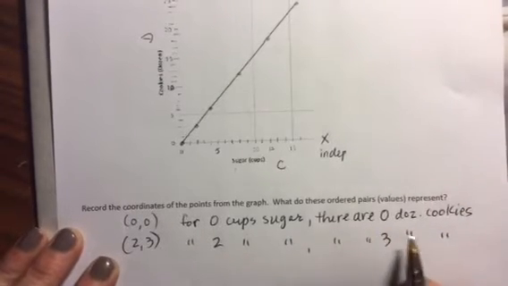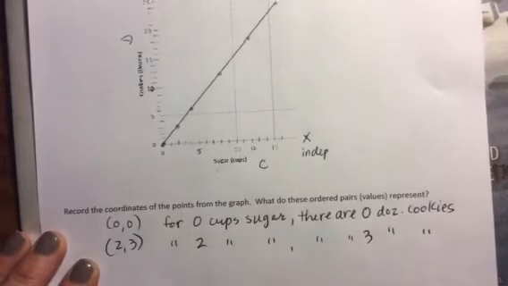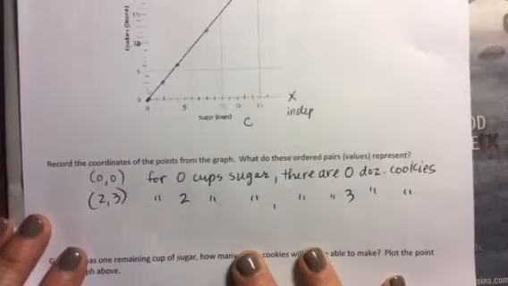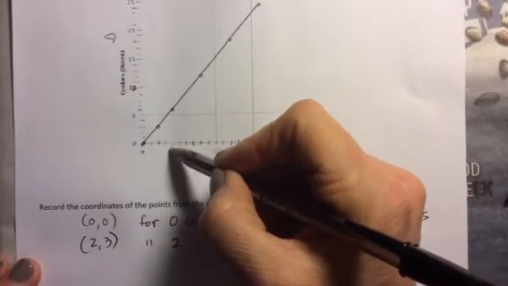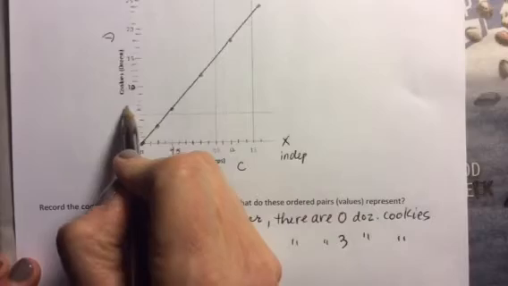And these are just ditto marks, meaning whatever is above it is the word I'm using. Makes things good shorthand. Okay, so then if I go to the next point, if I come down, I'm on 4 on the x, and I'm at 6 on the y.